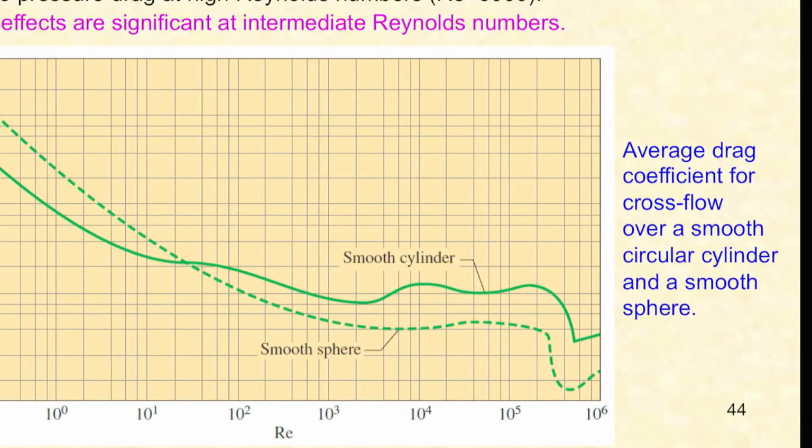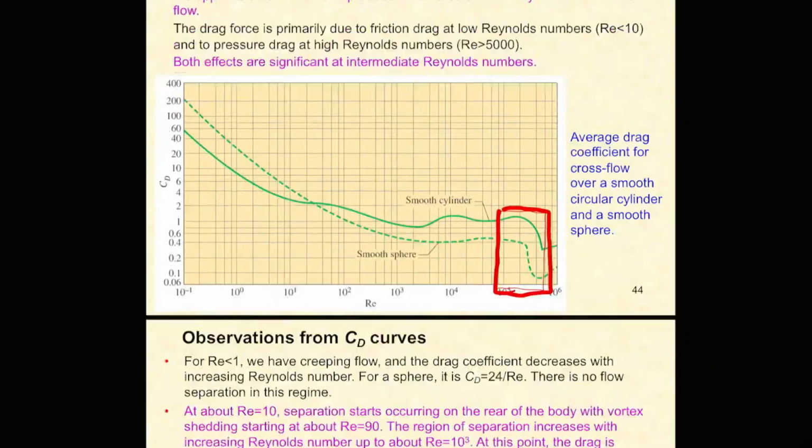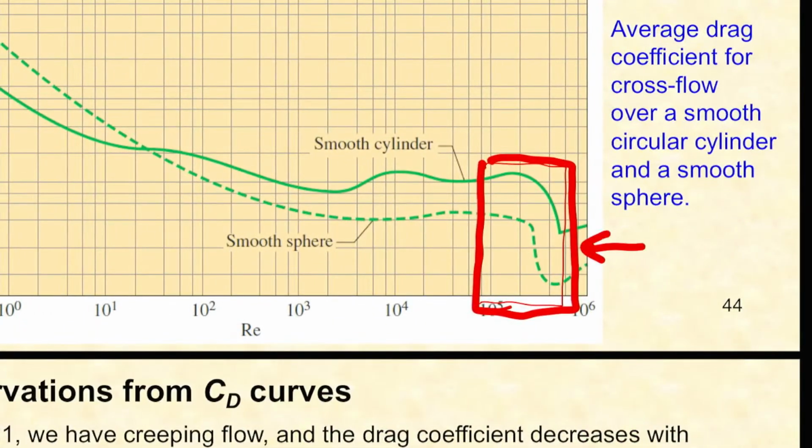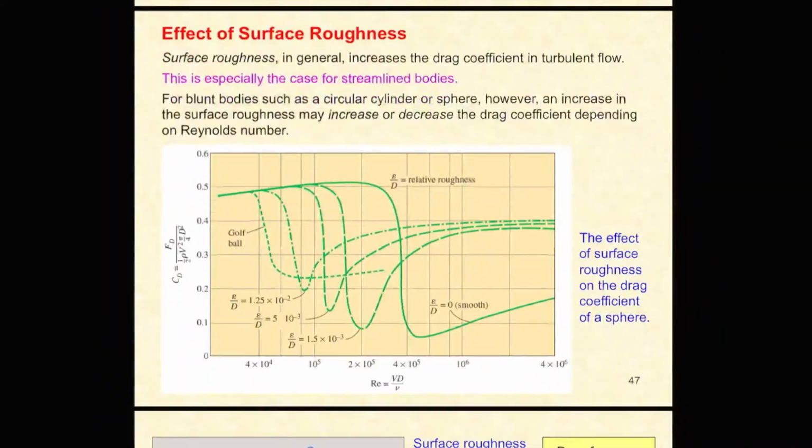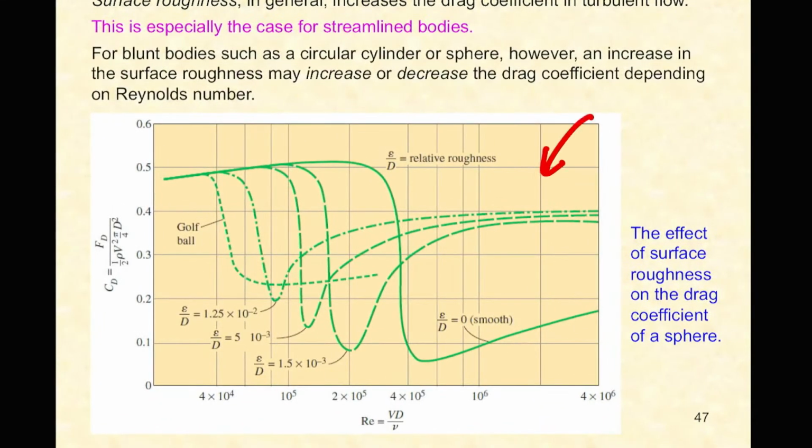Here. If you notice, the graph is only a miniature graph from here. Okay, let me make it bigger. This small section here is represented here.